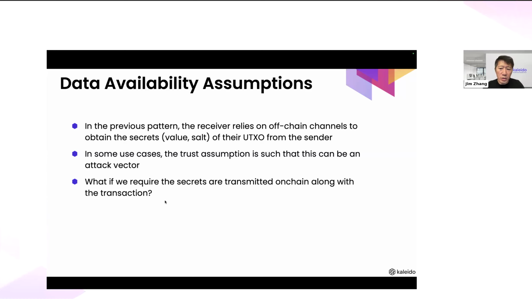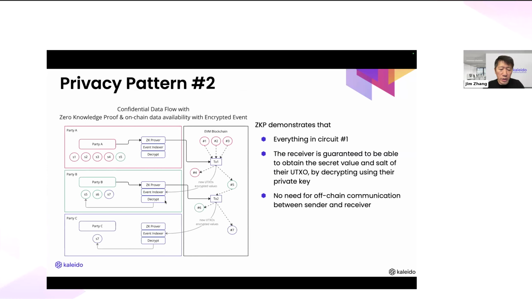So if this were a problem, then we need to address this with the pattern number 2, which is everything we've done in circuit number 1 plus an additional step of encrypting the secret values, so that only the receiver can decrypt that value and no one else.